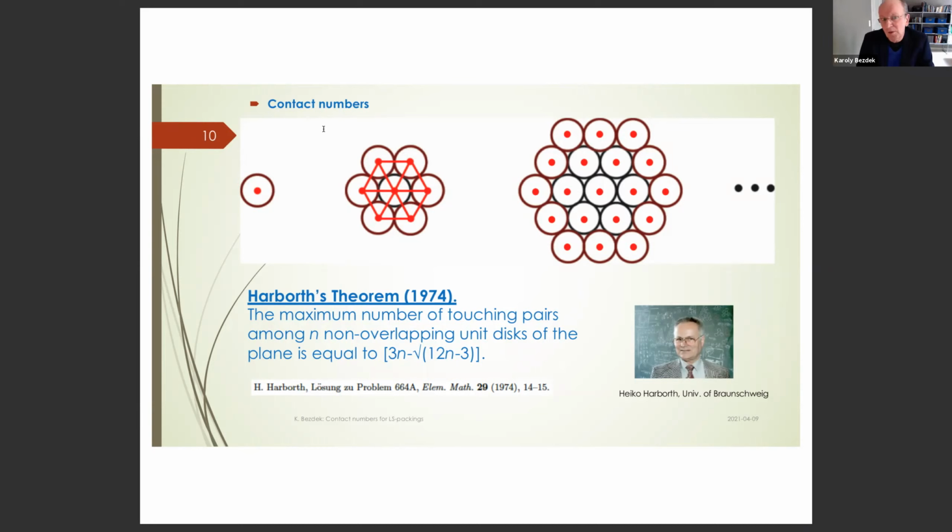And the question is, what is the maximum number of edges that we can have for a contact graph of, say, n unit balls in Euclidean d-space?